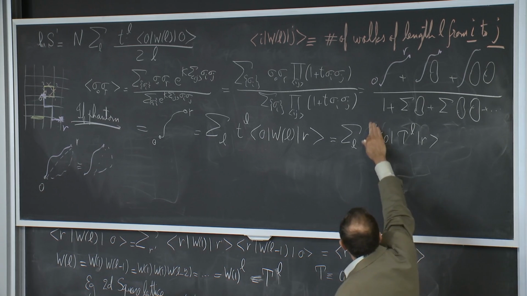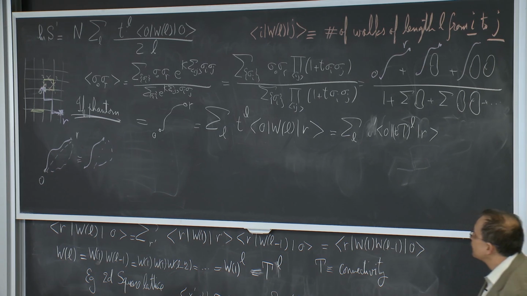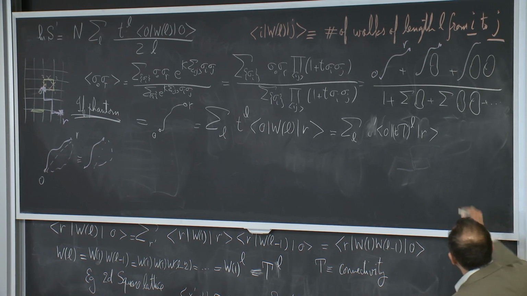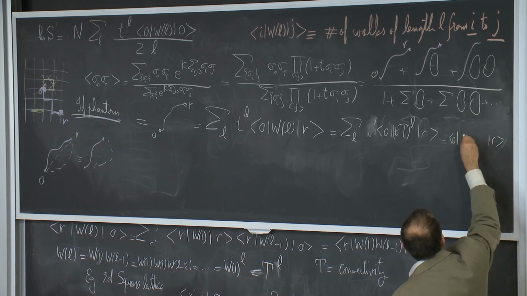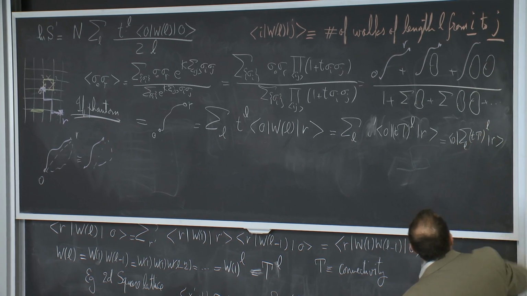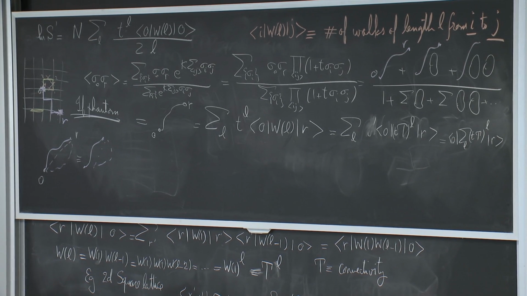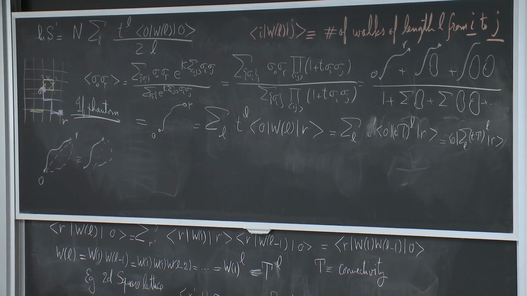Now this small t, I can take inside here. And if I want, I can write this as the 0 r-th component of a sum over L of t raised to the power of L. So it's a new matrix, which is essentially the sum over L of small t times this connectivity matrix to the Lth power.